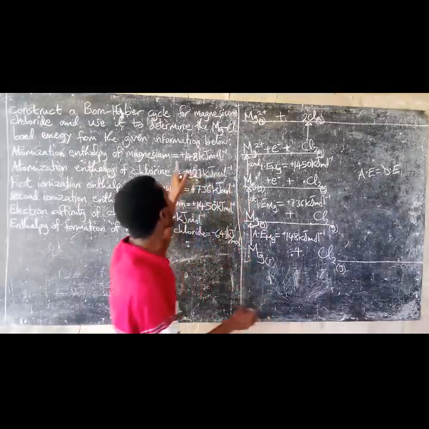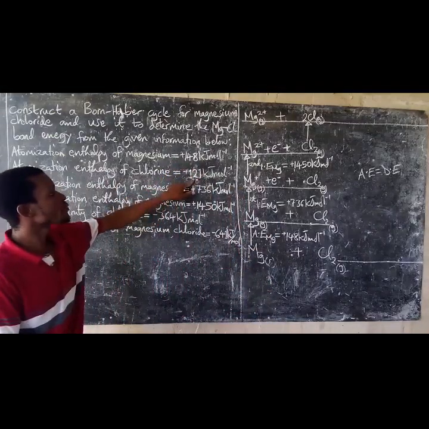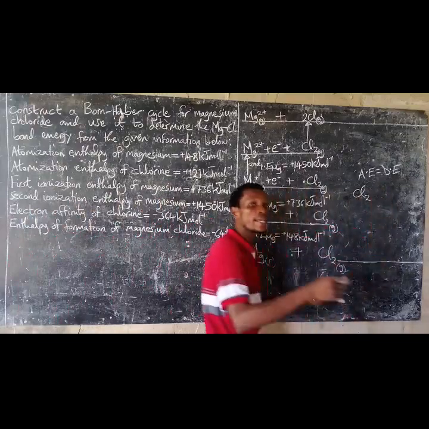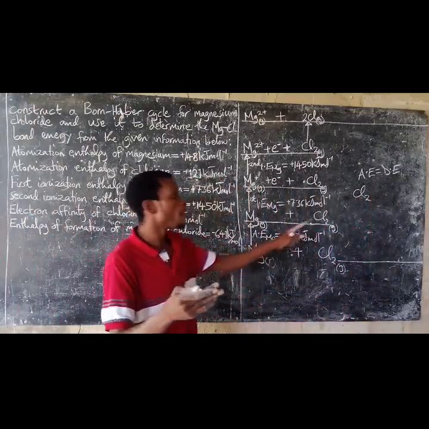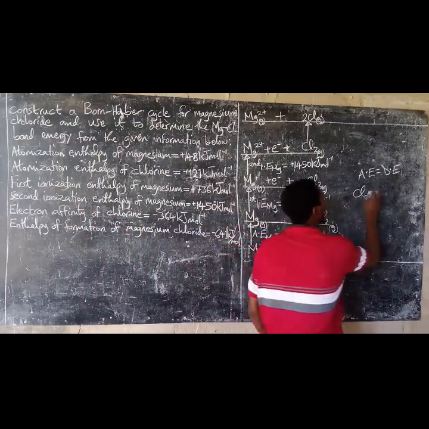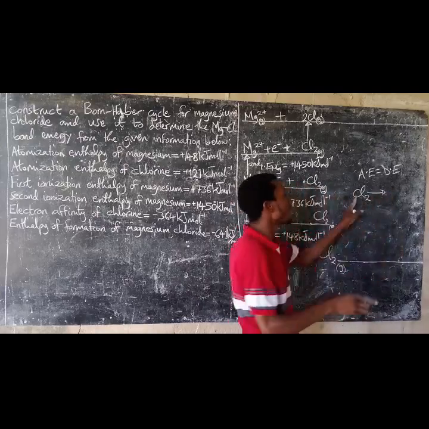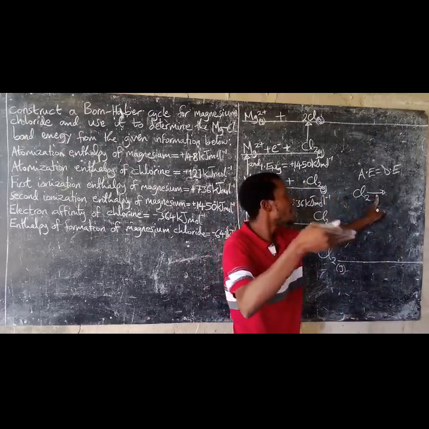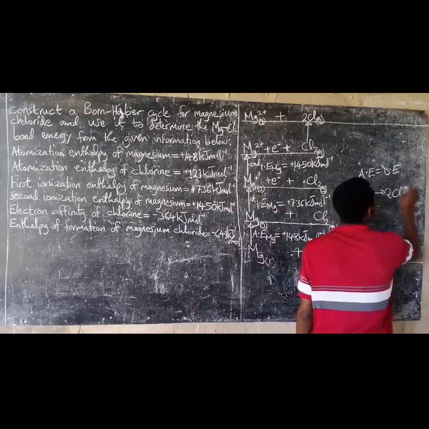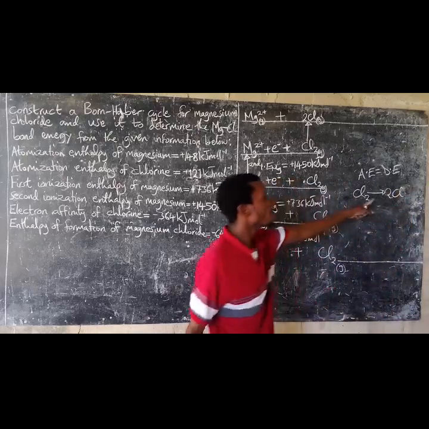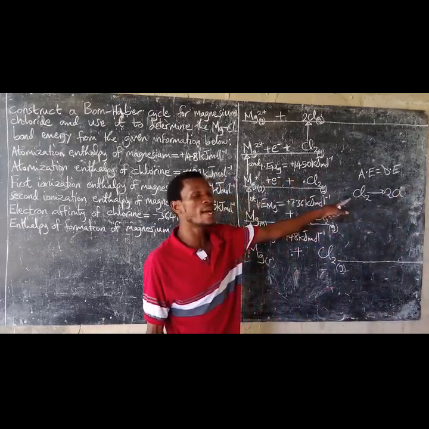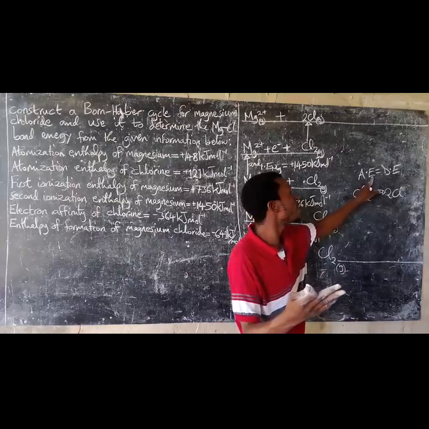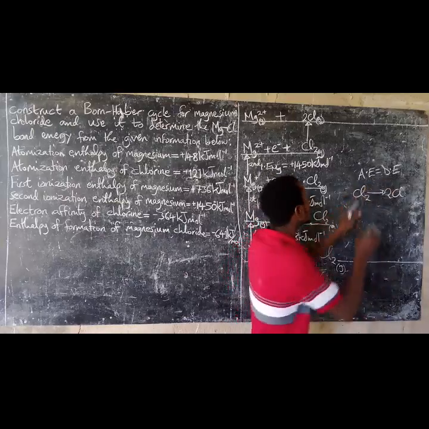So if the element exists in diatomic form, like chlorine, when 1 mole of the diatomic element is dissociated, it forms 2 moles of corresponding gaseous atoms.